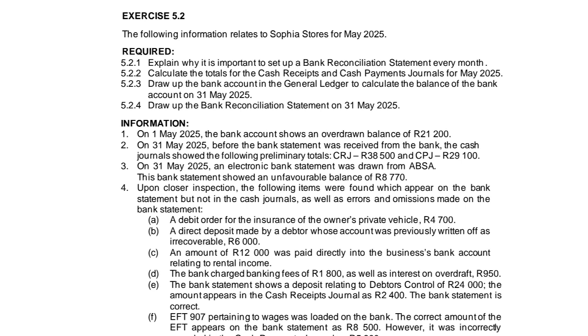This statement showed an unfavorable balance of R8,770. And then 4. Upon closer inspection, the following items are found which appear on the bank statement but not in the cash journals, as well as errors and omissions made on the bank statement. I will then read carefully through A up to M as we complete the question.